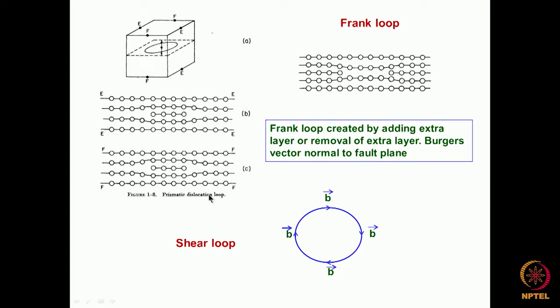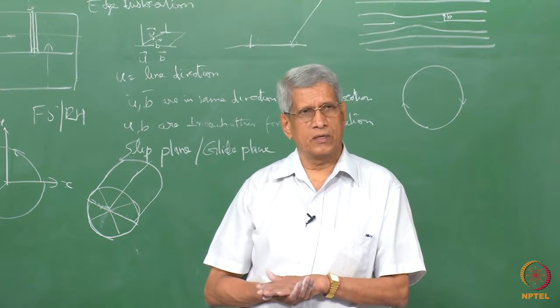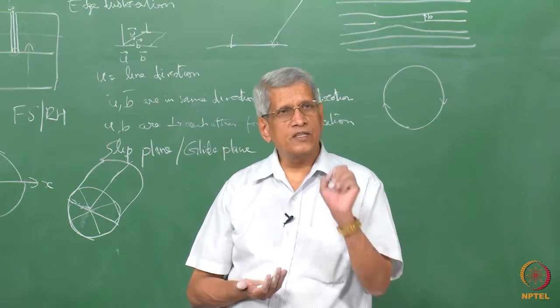Then there is another type of loop which we can have, which is called a shear loop. I will talk about why this loop forms. Whenever we talked about a dislocation, we never mentioned where it is starting.